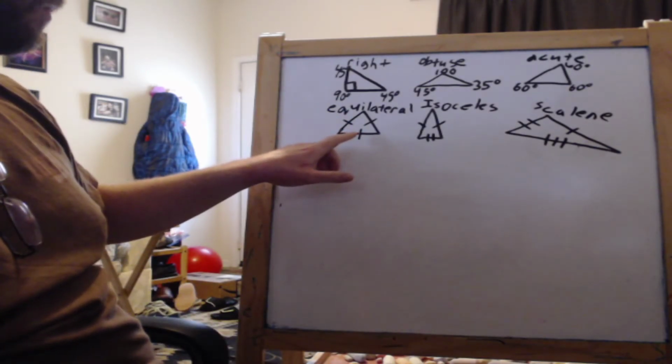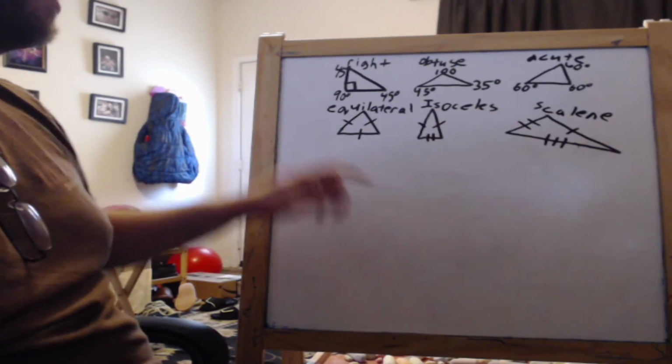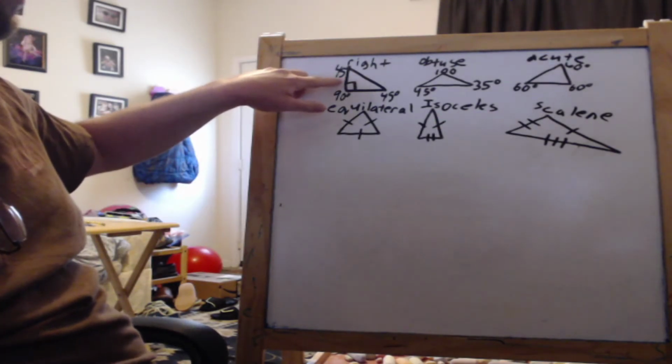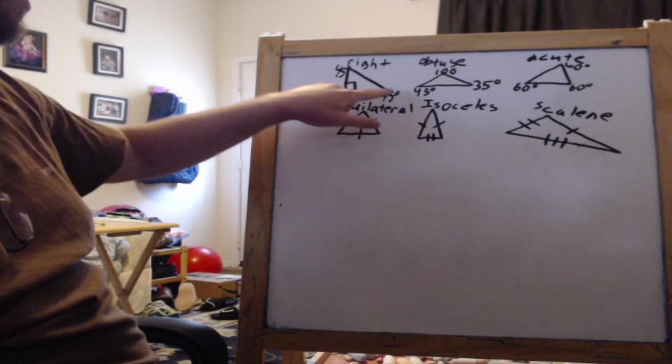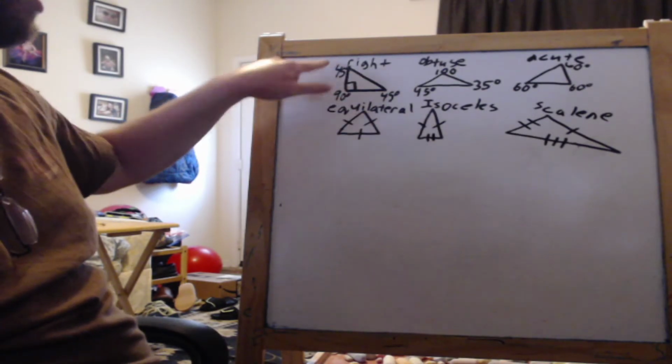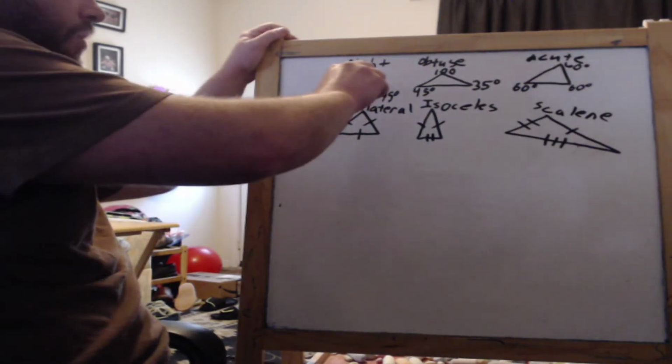So you can have a right isosceles triangle or a right scalene triangle. Now this one would be a right isosceles triangle because if these angles are the same, that means that these lengths have to be the same.